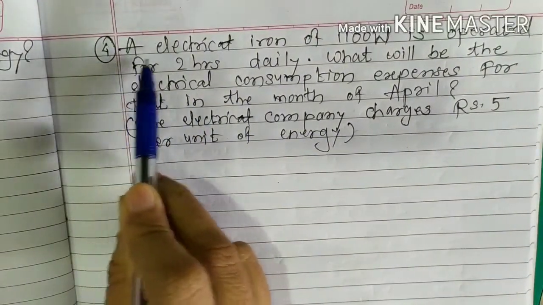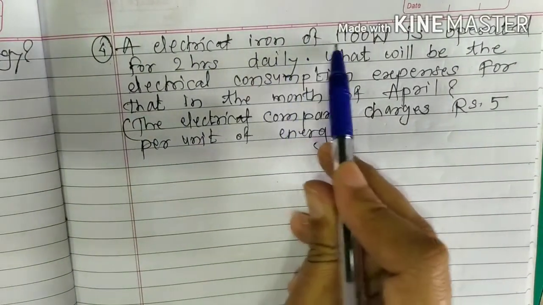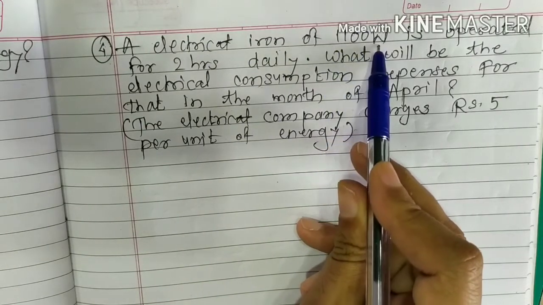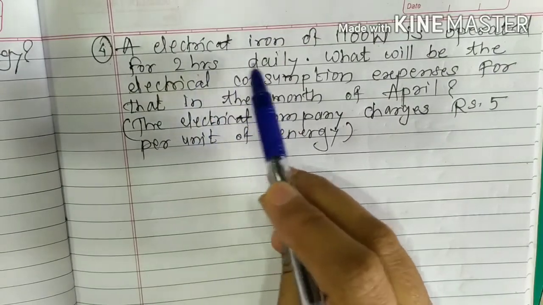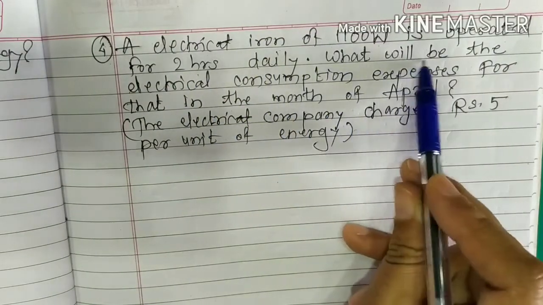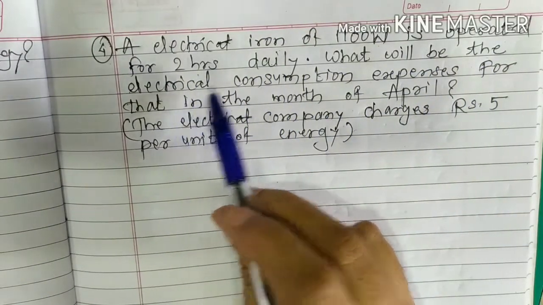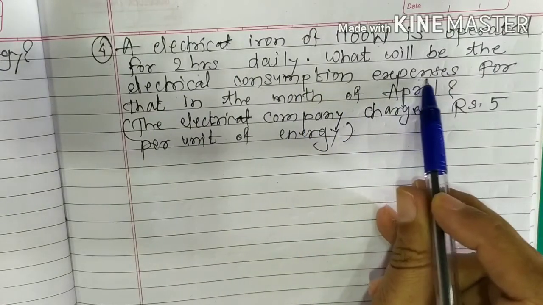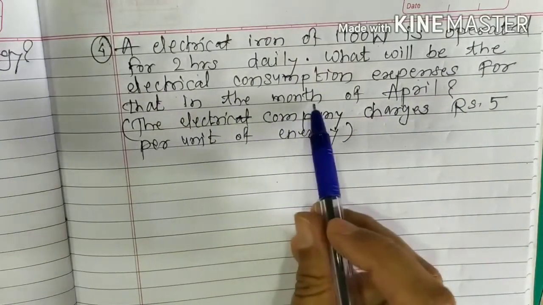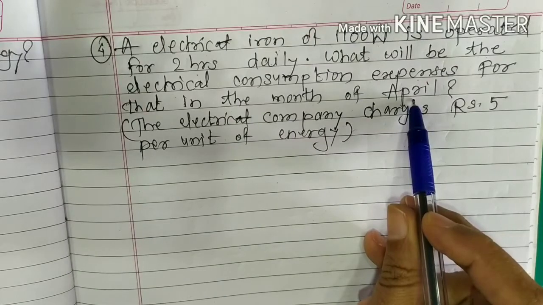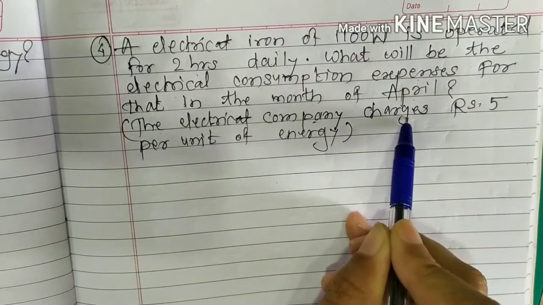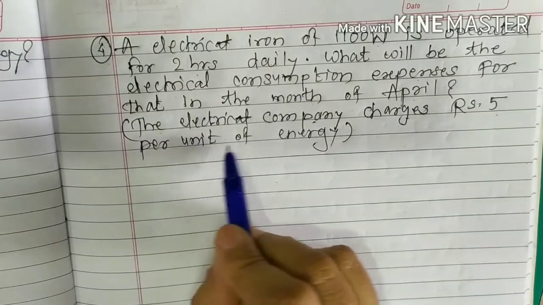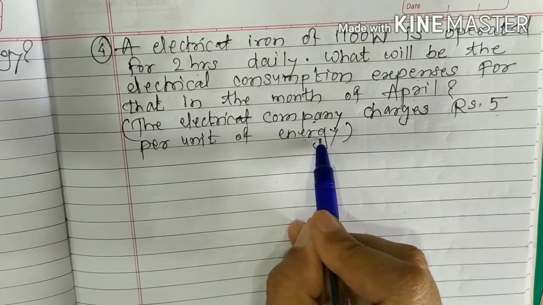Example number 4. An electric iron of 1100 watt is operated for 2 hours daily. What will be the electrical consumption expense for that in the month of April? There is information, the electric company charges ₹5 per unit of energy.